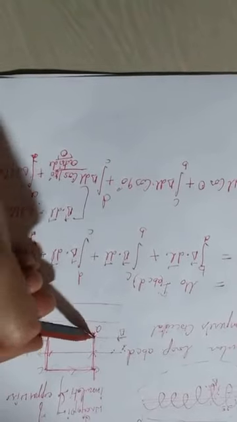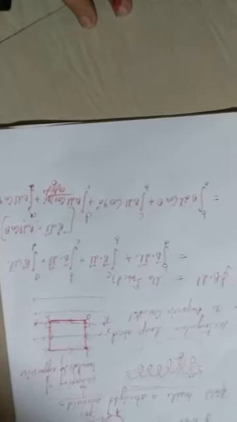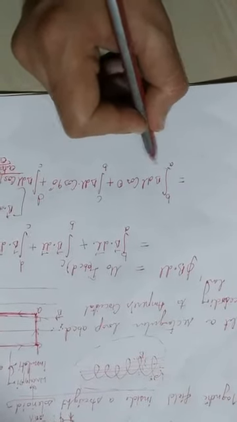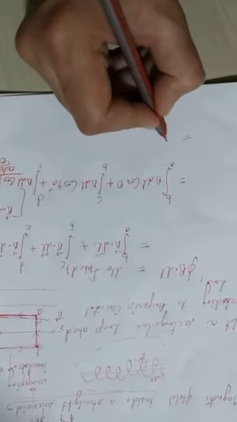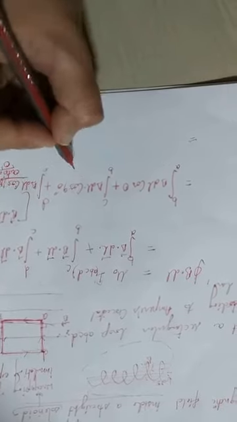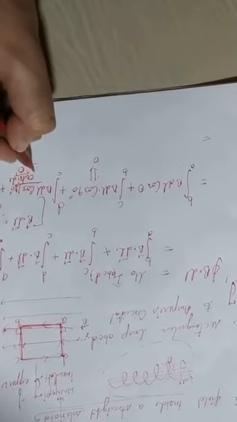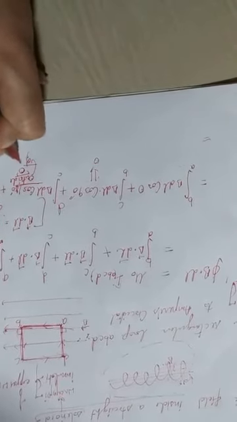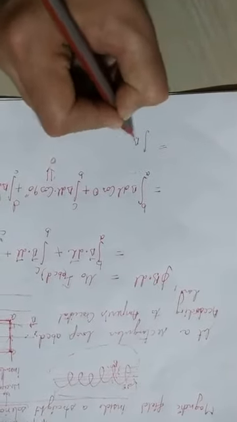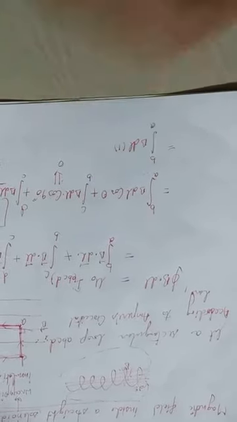Because this length is acting in this direction and B is acting in this direction, so the angle between them is 90 degrees. Now these are the different angles. Along this component it will be 1, along this component 0, this 0, and this also 0 because this one is outside of B. Clear? Now only this component is left, B dl cos 0, that is AB.